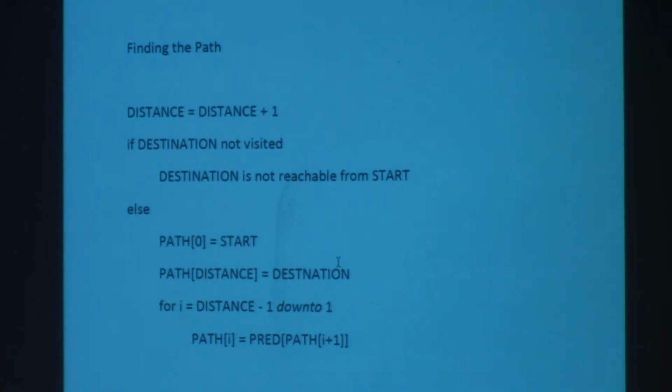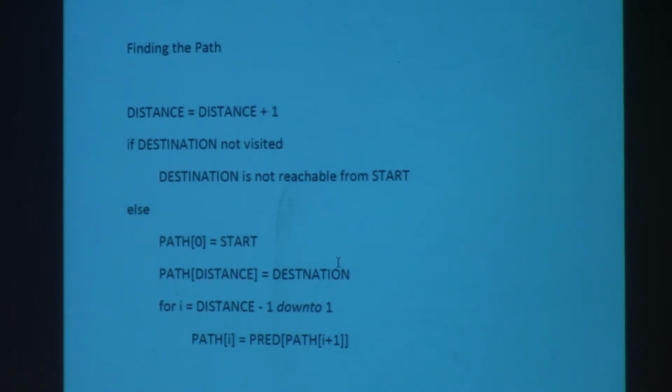So let's think about what's going on here. We're going to increase the distance to distance plus 1 after finishing the algorithm. Let's see why we would do that. So basically, let's say we're visiting a vertex V. And one of the W's, which is a neighbor of that vertex V, is a W. The distance variable right now is the distance that V is from the beginning.